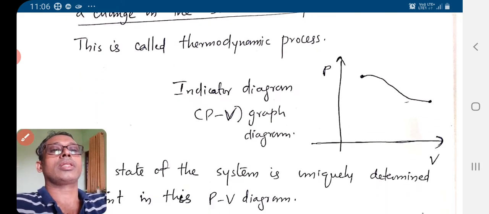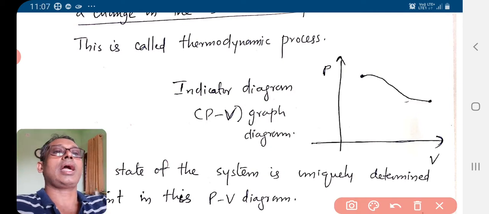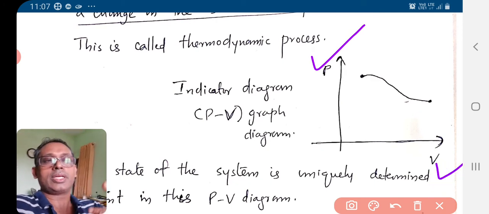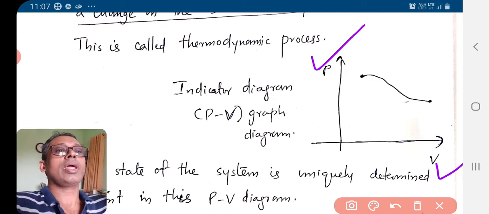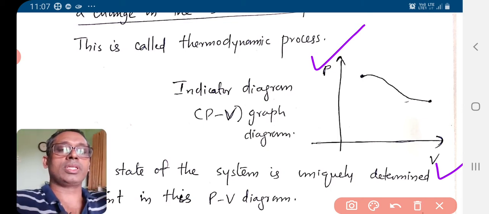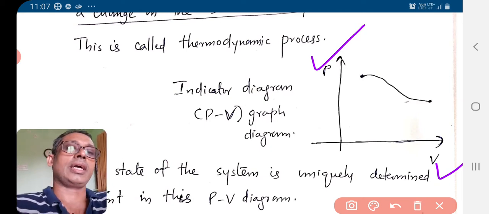A thermodynamic process is shown in an indicator diagram here. We have the pressure here, we have the volume here. If you take any two variables and denote the change in variables or the change in state of the system, we have the indicator diagram.